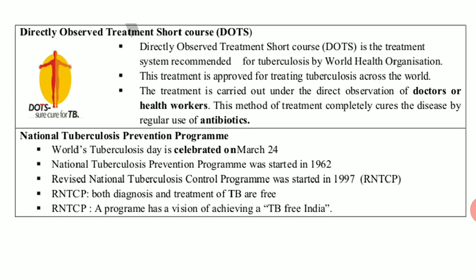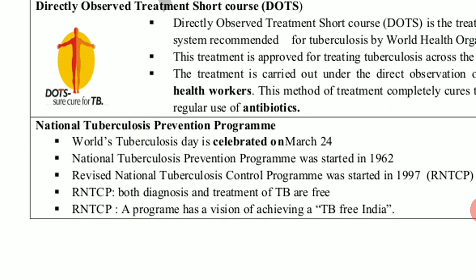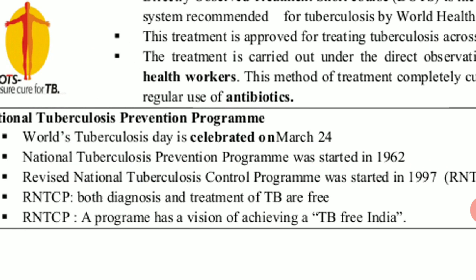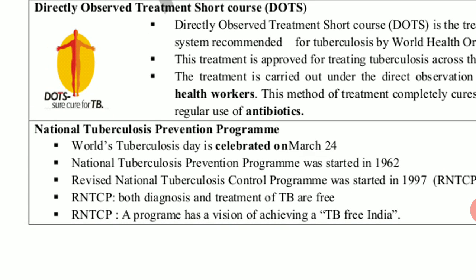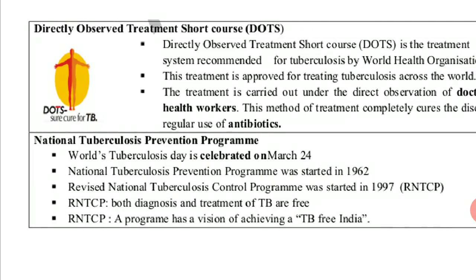Then there is a program in our country, National Tuberculosis Prevention Program. Always in radios, TVs, etc. you can see advertisements regarding this. World Tuberculosis Day is celebrated on March 24. Tuberculosis Prevention Program started in 1962.